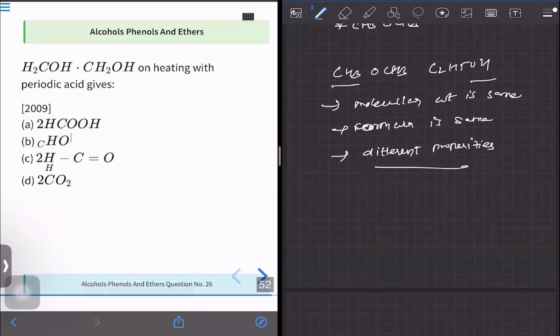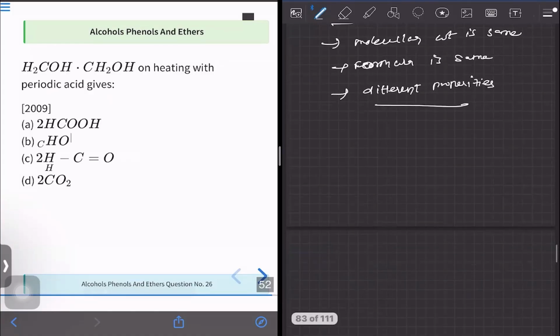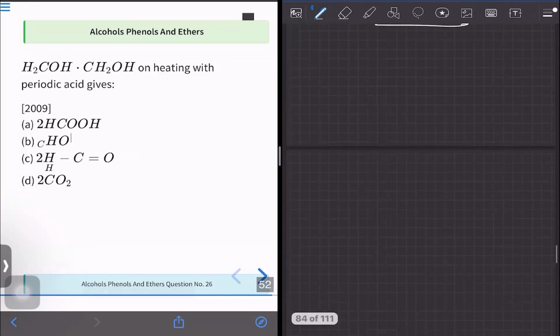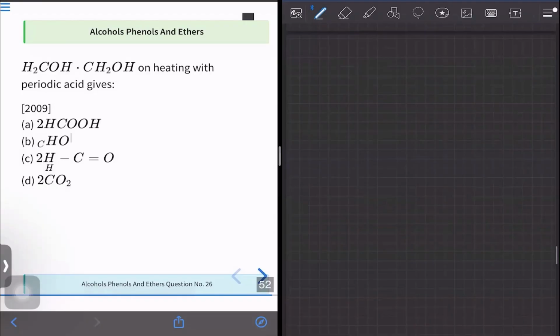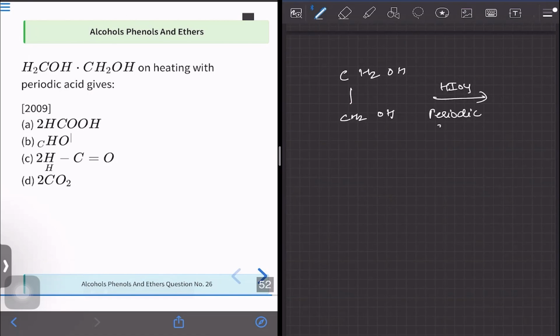Next question. Whenever a compound with CH2OH and CH2OH is heated with periodic acid, what is formed?